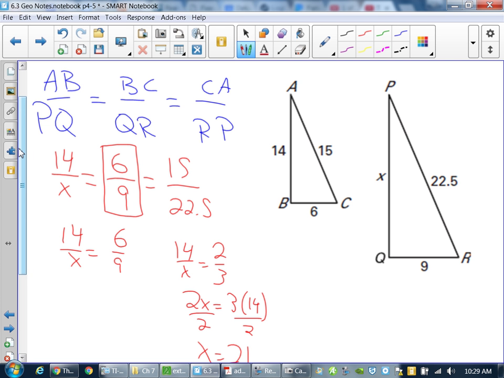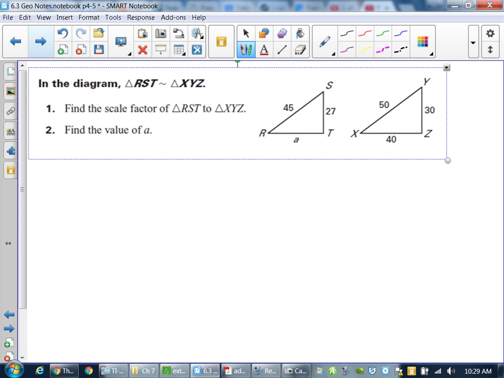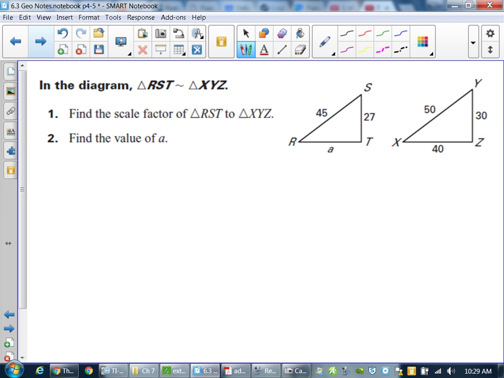Now the only goofy thing that tends to happen with these is that the diagrams and the statements might say, hey, go from left to right. But sometimes they might ask you for a scale factor from right to left. All you do then is just flip it. That's about as goofy as any of this stuff gets.